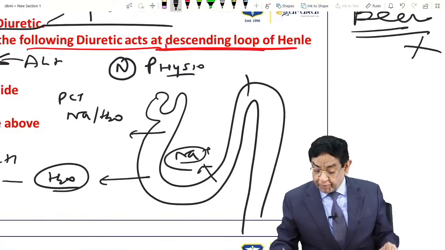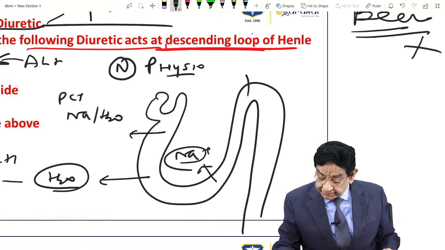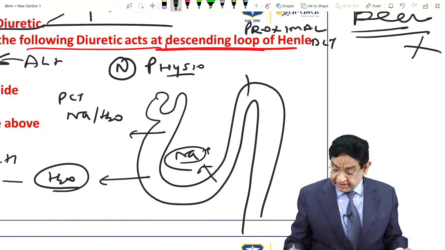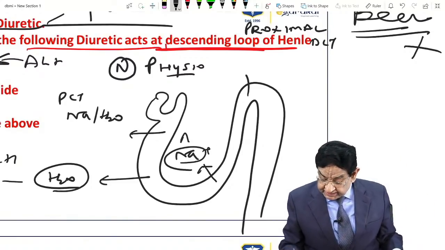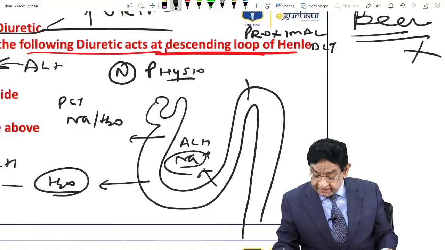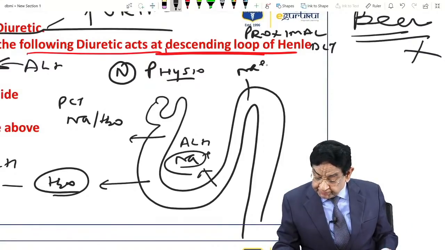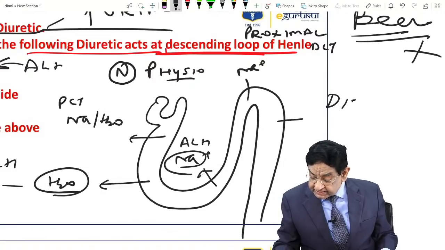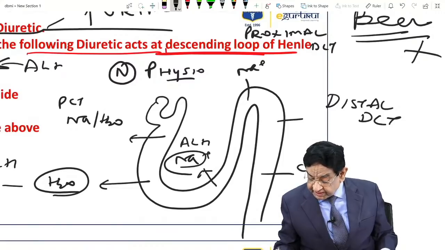This is the so-called proximal part of DCT, or sometimes they also call it the distal part of the ascending loop of Henle. Here only again sodium is reabsorbed. And this is the distal part of DCT, and this is the collecting tubule.